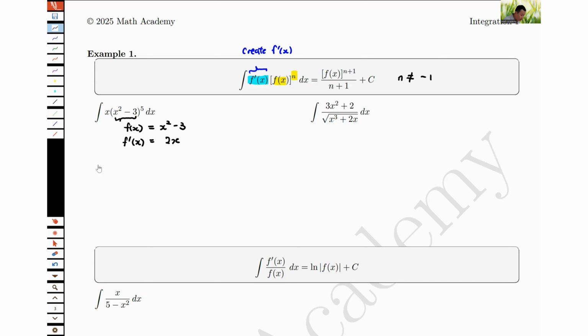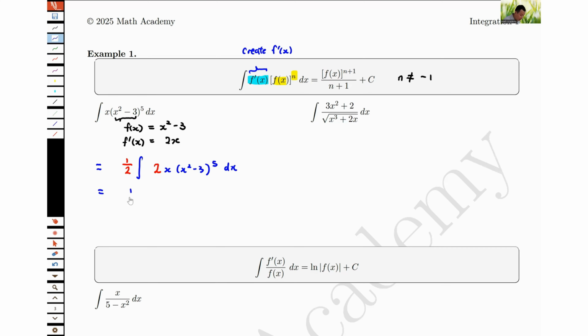So to start integrating this particular term, let me just copy exactly first. You want to force in the f prime. So in this particular example, I want to place a 2 in front, and you balance outside your equation with a half. Okay, any coefficient you create, you balance outside.